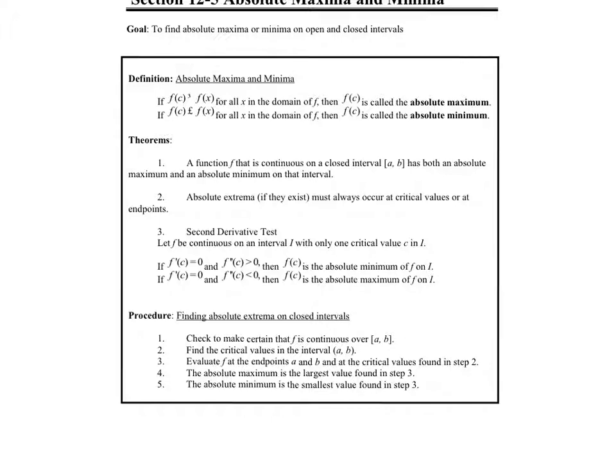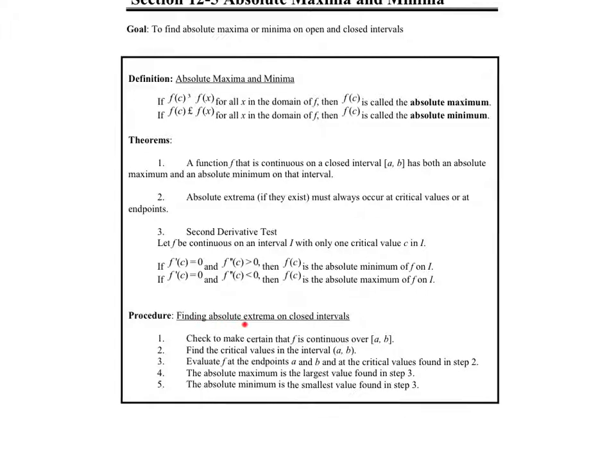Remember, your first derivative test is going to give you where those local max and local mins could occur. And then run your second derivative test. As long as the second derivative is a positive number, you've got an absolute minimum. If your second derivative is a negative number, then you've got an absolute maximum at that value.